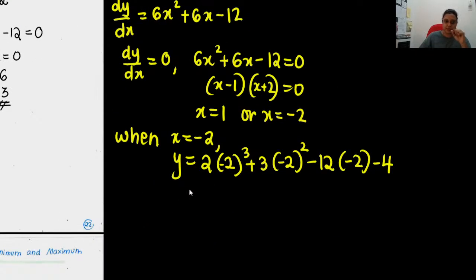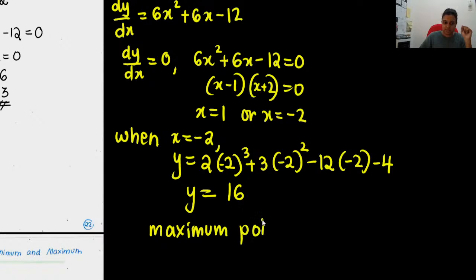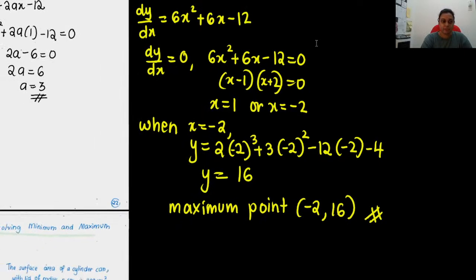So from here y is 16. So the maximum point is negative 2 and 16. Now teacher already completed this part, negative 2 and 16.